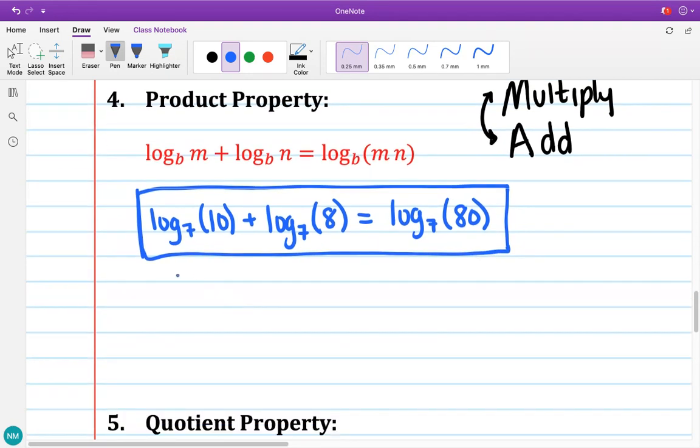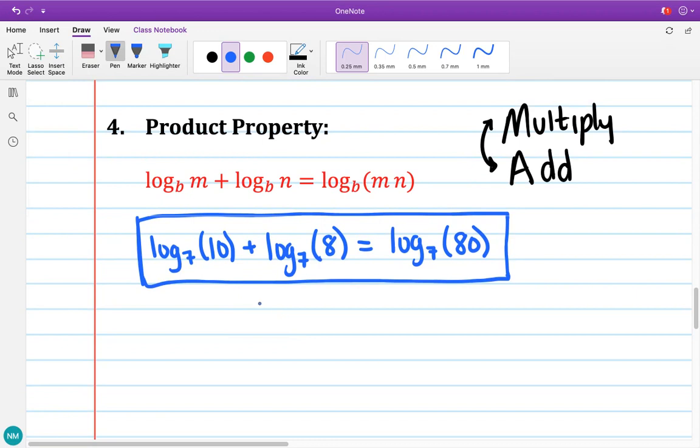Let's do one more example. Or let's do the opposite. How can I rewrite a log? I'll use the natural log, because I haven't done it.